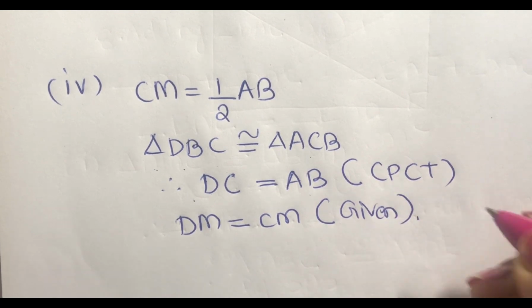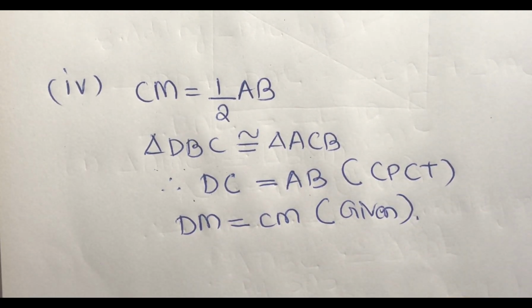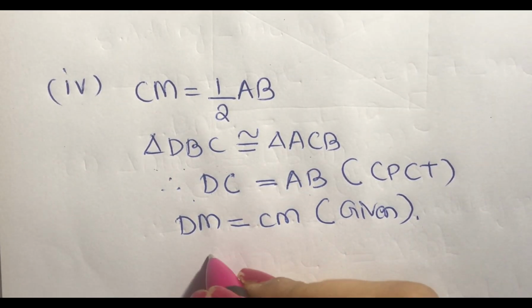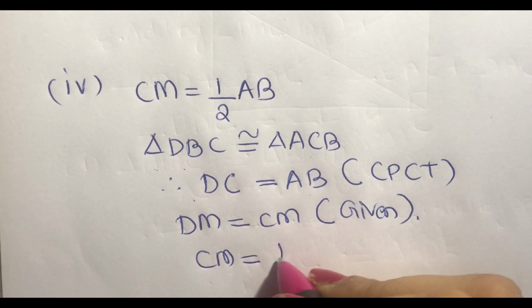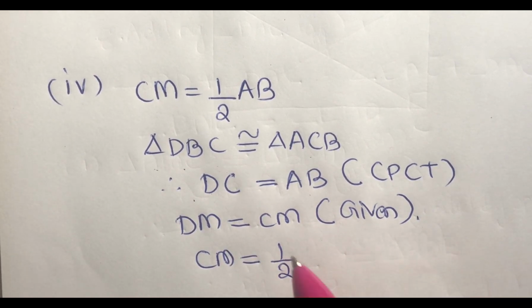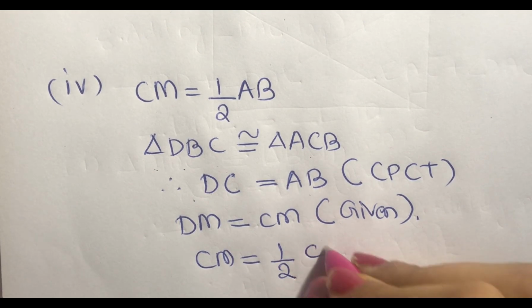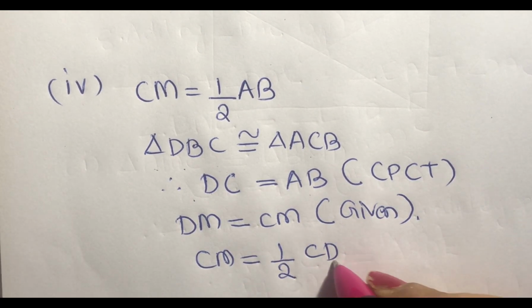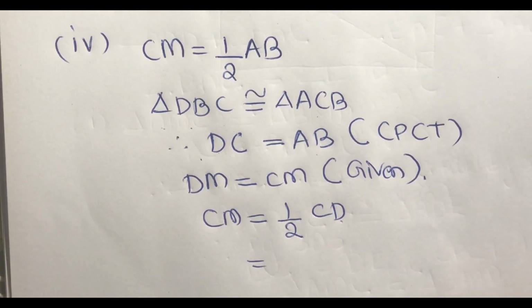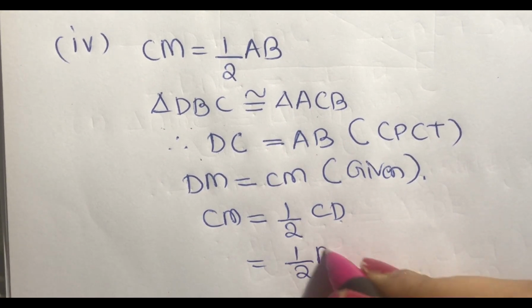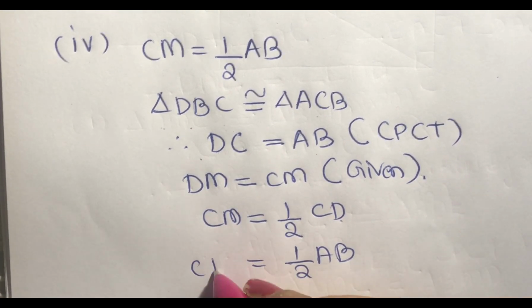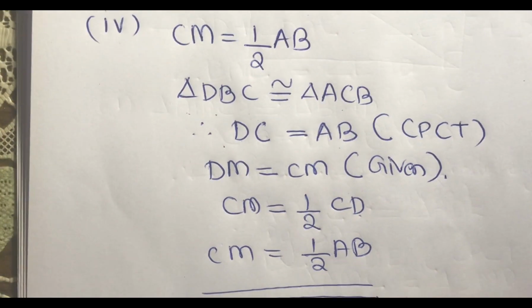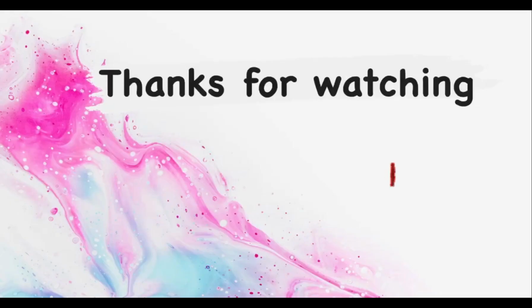So CM is equal to half CD. Now you know CD is equal to AB. So CM is equal to half AB, and we have proved it.